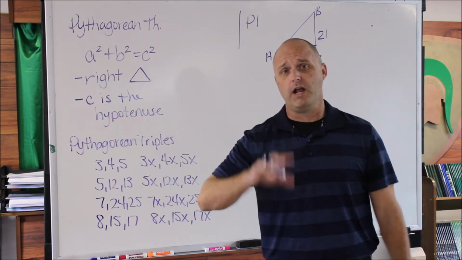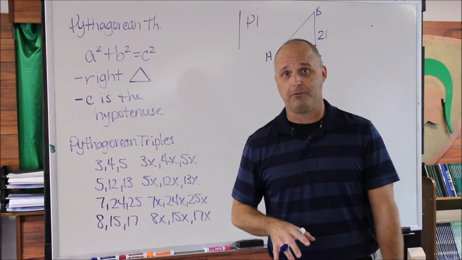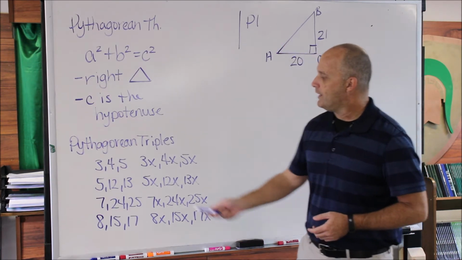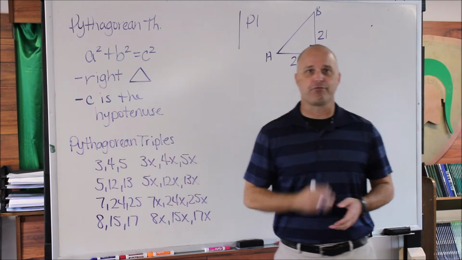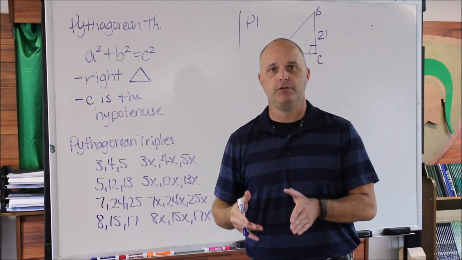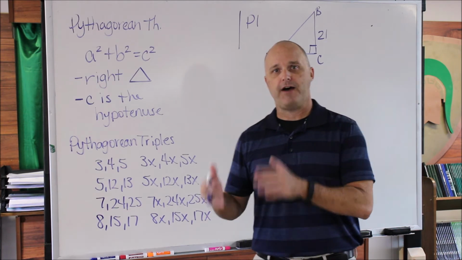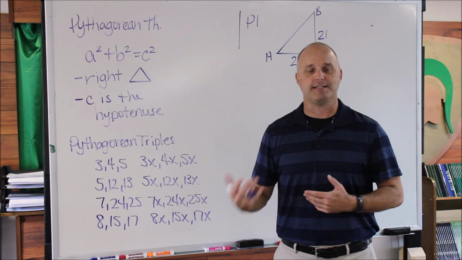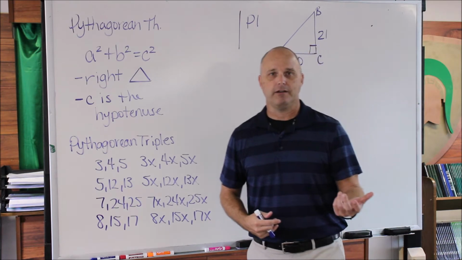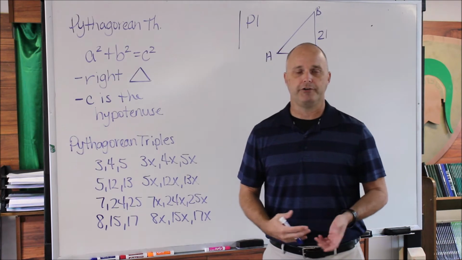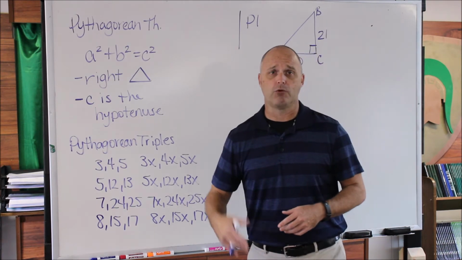Now, what else do you need to know about Pythagorean triples? They're actually proportions as well. So what we can do is we may not just have 3, 4, 5. You could have 3 times 2, 4 times 2, 5 times 2. So another common one that you're going to see is the 6, 8, 10. 6 squared is 36. 8 squared is 64, 10 squared is 100, 36 plus 64 is 100.